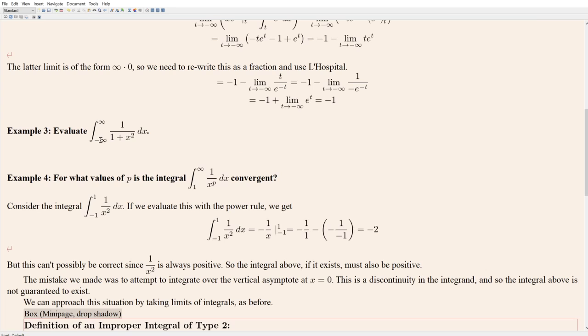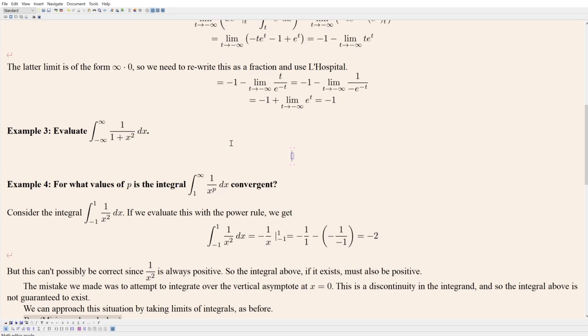Here we have negative infinity and positive infinity in the limits. So by definition, we have to split this into two pieces. And we can pick the middle piece to be whatever we want. So let's just pick it to be 0.